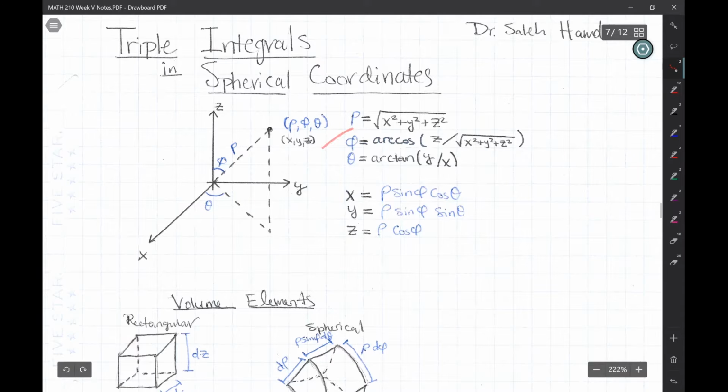We also have phi, which is called the polar angle, and it's the angle between the positive z-axis and this line here. How you could think about phi is in terms of latitudes.